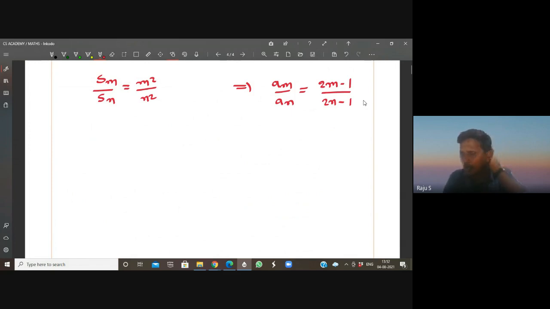What shall we do, students? What is the common difference and what is the first term of this series? You can consider a as the first term and d as the common difference.